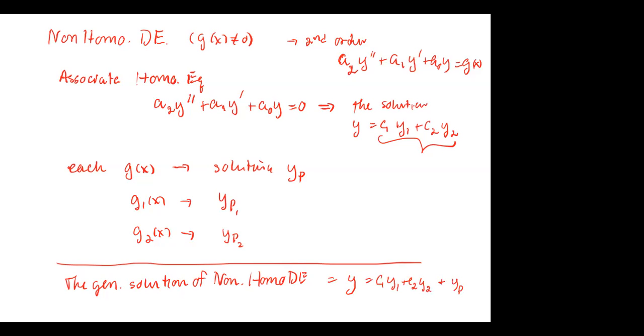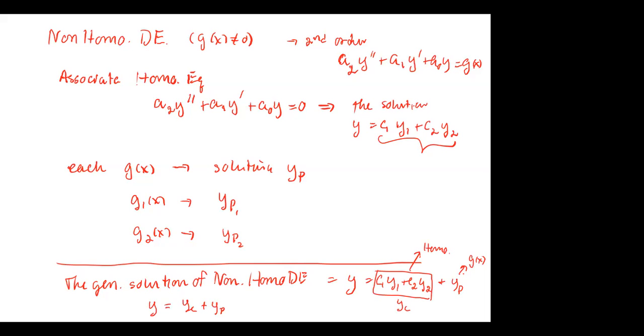So part of it is from the homogeneous version, and the other part depends on g of x. The linear combination of y1 and y2 is called yc, the complementary solution. Therefore the solution of the non-homogeneous equation in general we write as yc plus yp. So two different portions put together as a solution of the non-homogeneous equation.